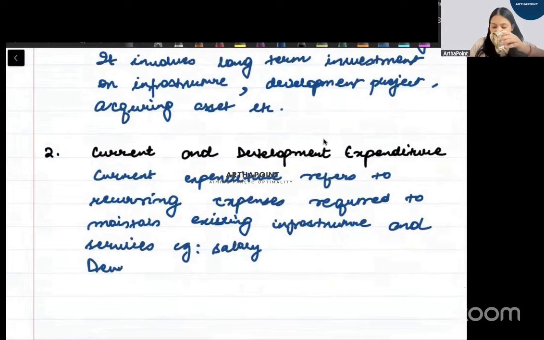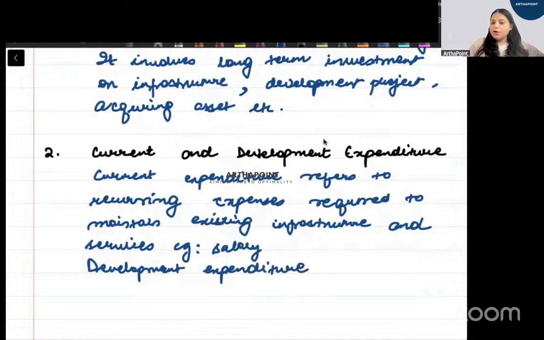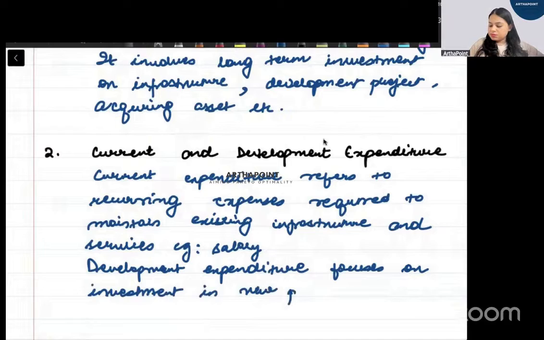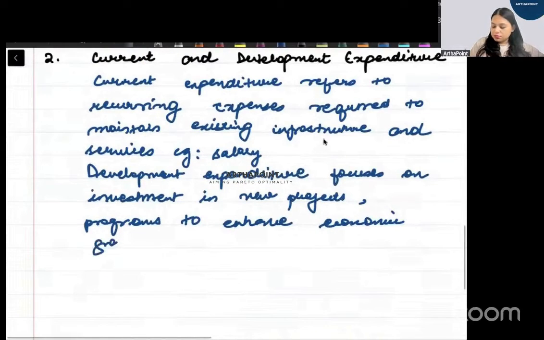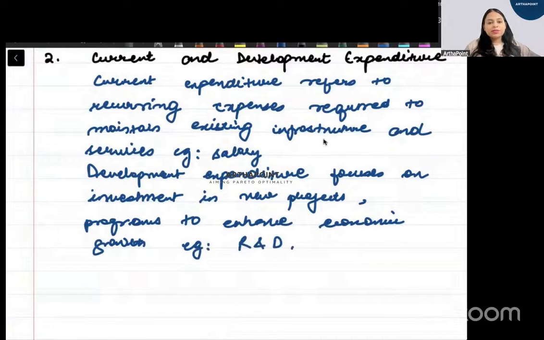Development expenditure focuses on investment in new projects and programs to enhance economic growth. Example, R&D, research and development, right?